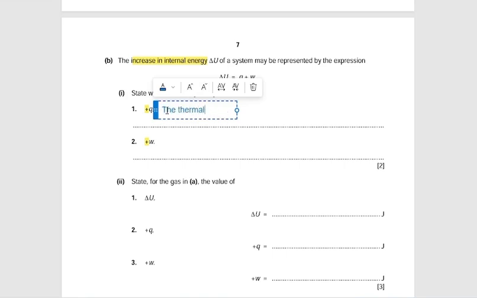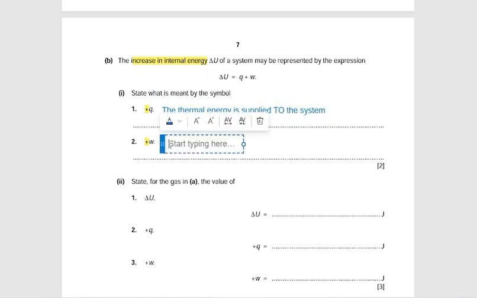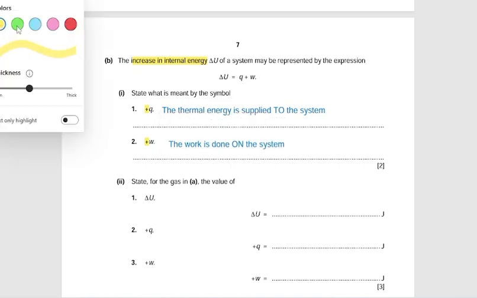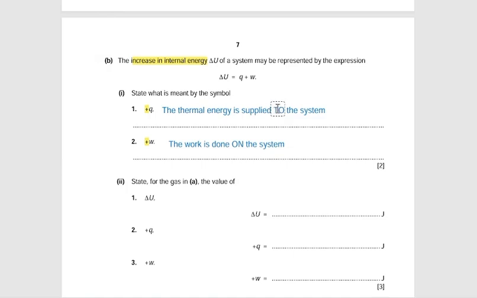The thermal energy is supplied to the system. This 'to' here is extremely important, and this positive W, which is the work done, represents that the work is done on the system. The work is done on the system. This 'to' and this 'on' is extremely important.